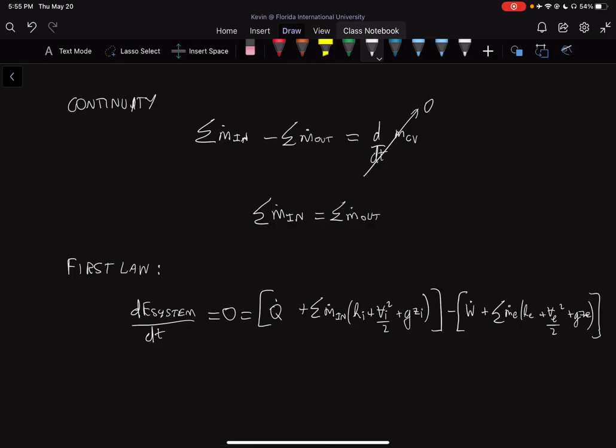And remember that the first term also has vi squared divided by 2. I added it later on.